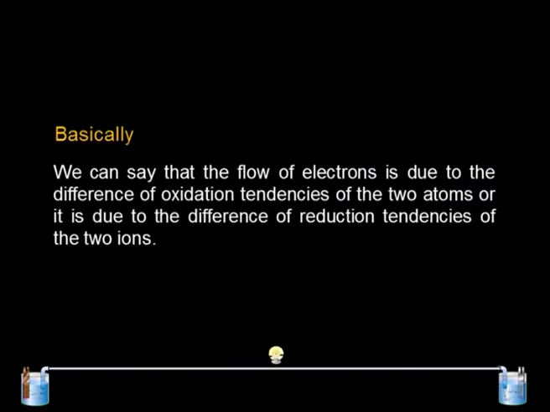Basically, we can say that the flow of electrons is due to the difference of oxidation tendencies of the two atoms, or it is due to the difference of reduction tendencies of the two ions. Now, the question comes, how can we measure EMF?